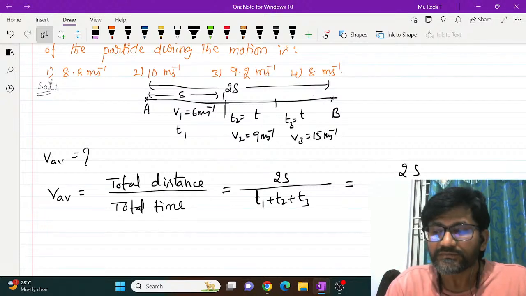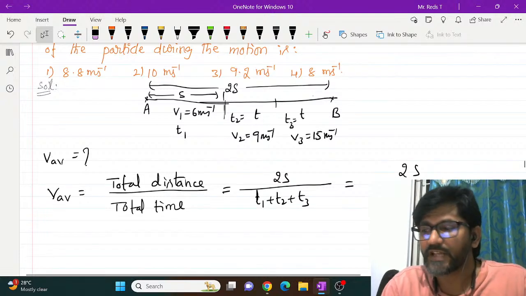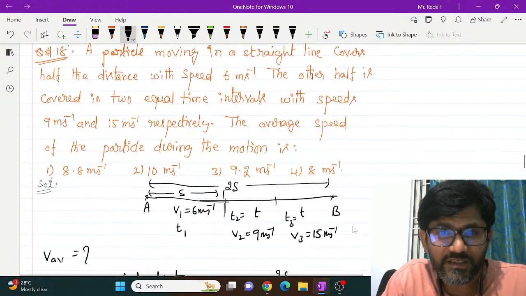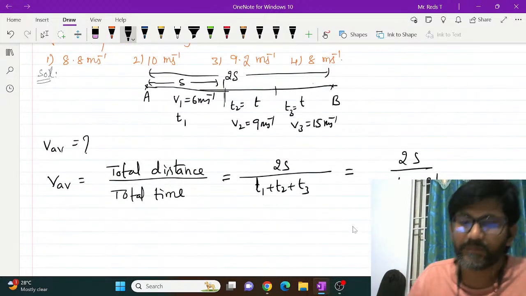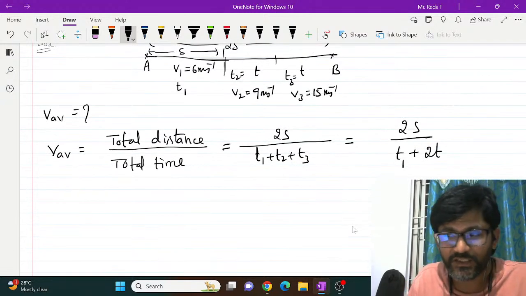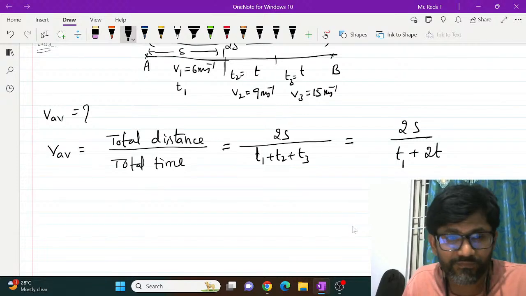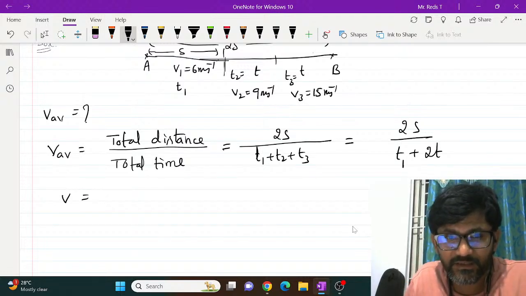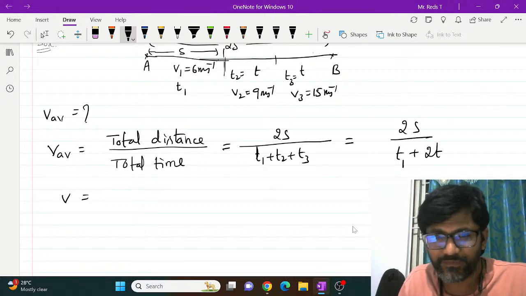Right. So you have to consider, as you have taken, the total distance is 2s, right? Even the distance also is not mentioned. So then how to take it in terms of the given parameters is the question. So here we have to say, in general, the distance traveled at speed, if s distance has been traveled with 6 meters per second for T1 time, then what is T1?